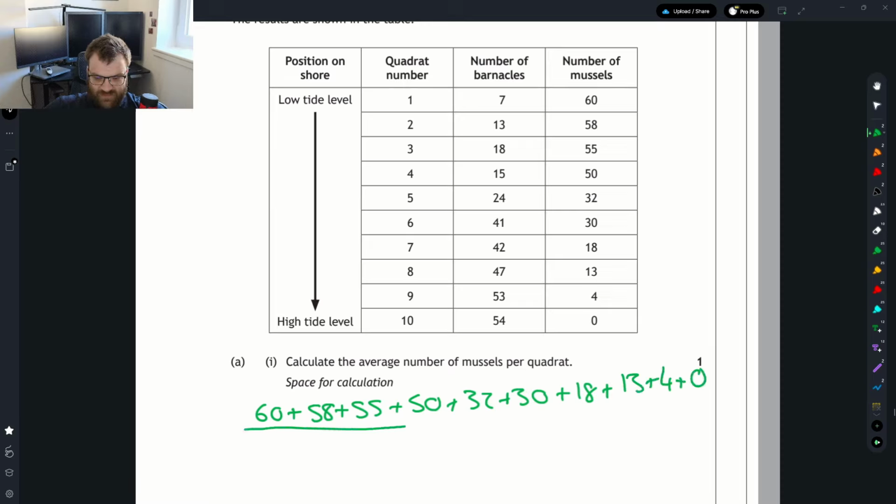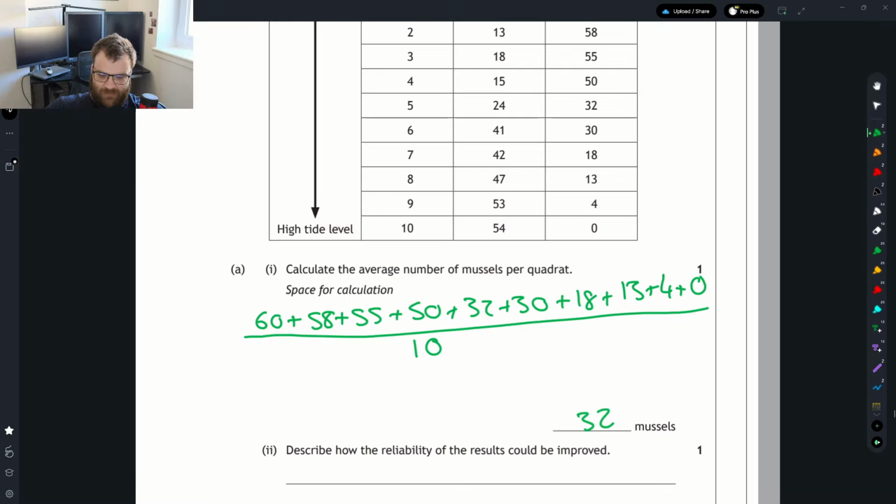And then it's whatever that total is divided by 10. The last one doesn't have any mussels, but you need to divide by 10 because it was tested. So it gives a total of 320 divided by 10, which gives you 32 mussels on average. Take your time, make sure you do the total at the top, and then divide it by 10. Sometimes the calculator can be a bit funky, but that would be an answer there.